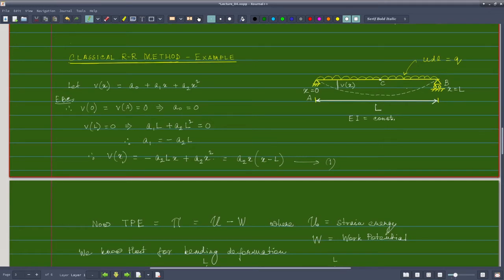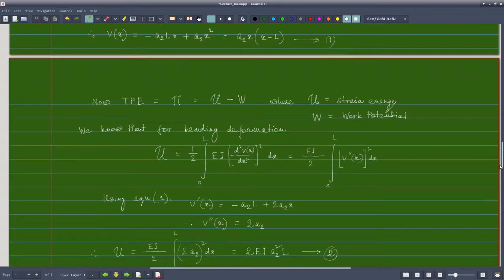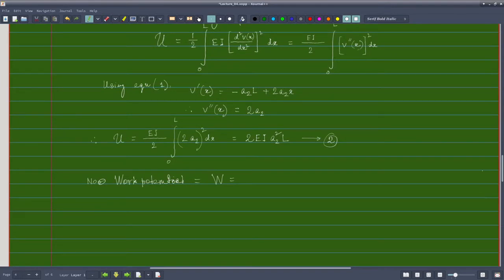So I will have to integrate this Q times Vx over the length of the whole beam. And therefore my work potential will be integration of 0 to L Q into Vx dx, right? And we know what is my Vx.